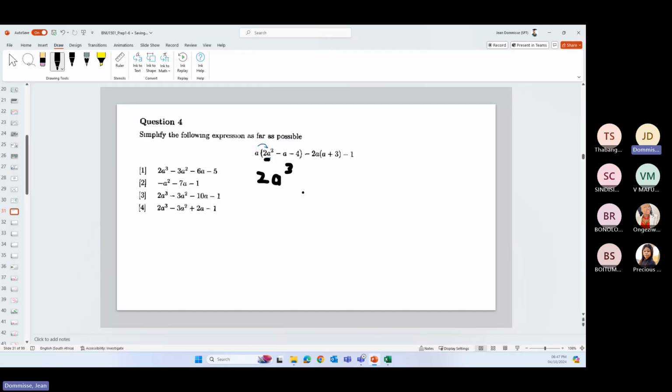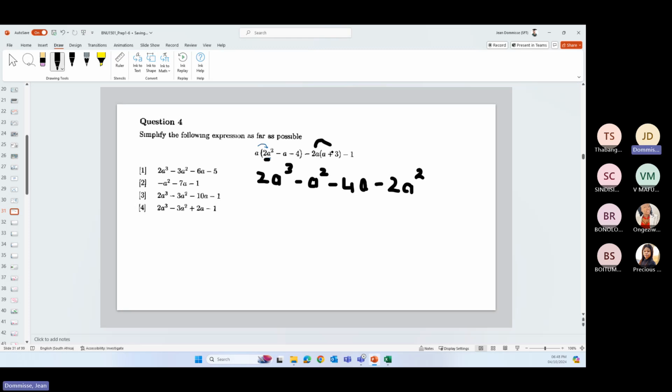a times minus a is minus a to the power of 2. a times minus 4 is minus 4a. Then minus 2a times a is minus 2a to the power of 2.